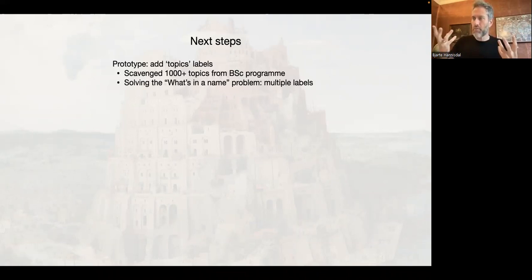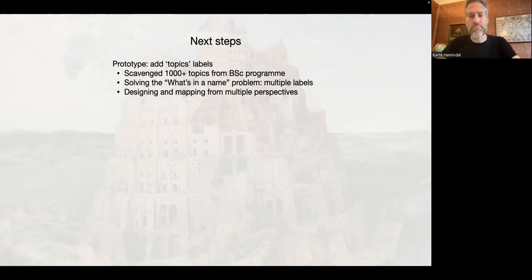Because we have to move towards a state where we realize that any given element of teaching and learning can belong in different categories. This is critical. And why it's critical is because then we can design and map the curriculum from different perspectives. And that is absolutely vital.